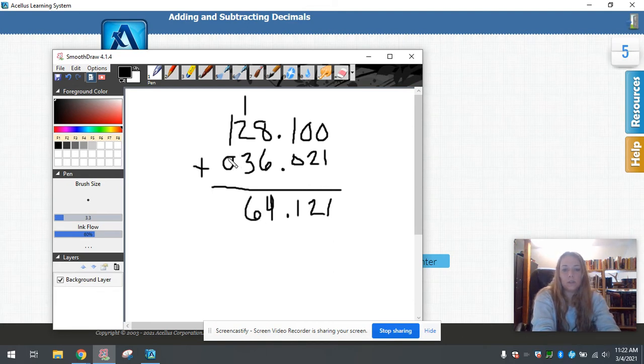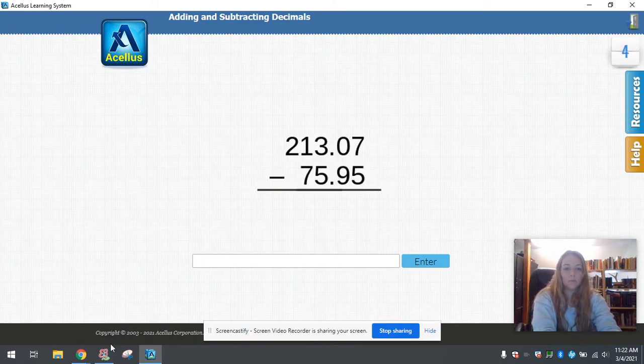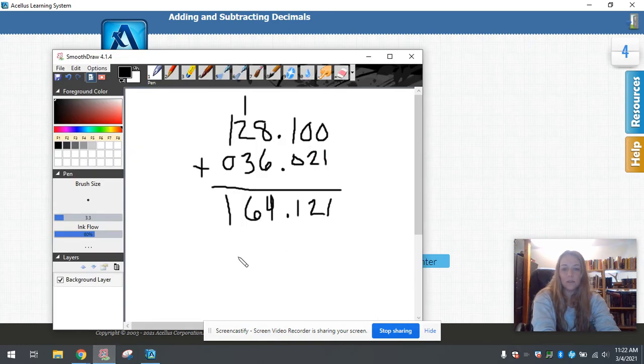And then 1 plus 0, or just bring down the 1, is 1. So you get 164.121. If I were writing that as a mixed number, here's what I would write: 164 and 121 thousandths.